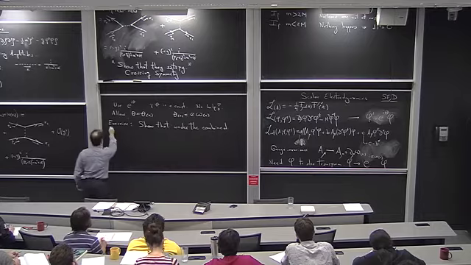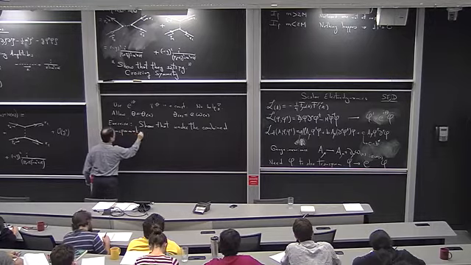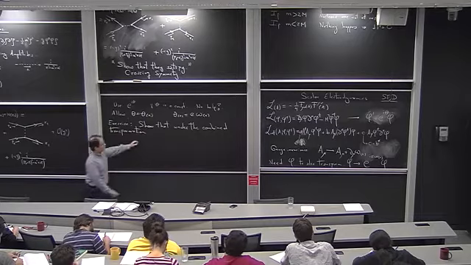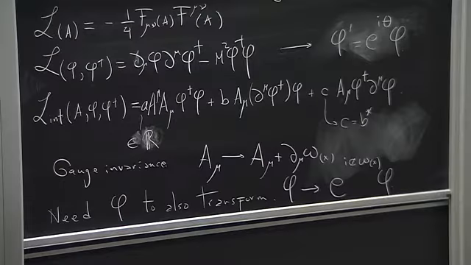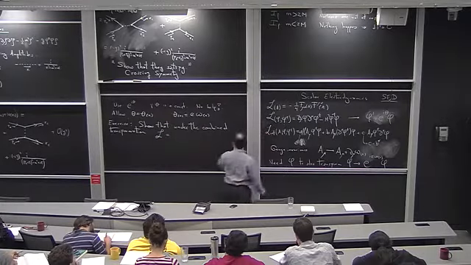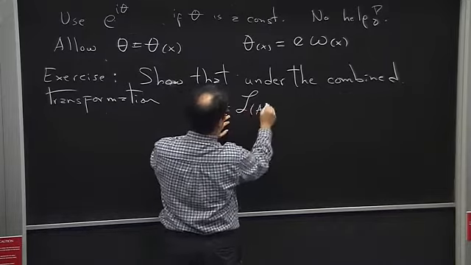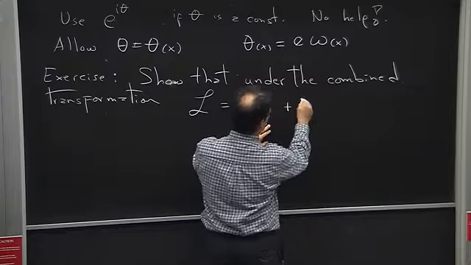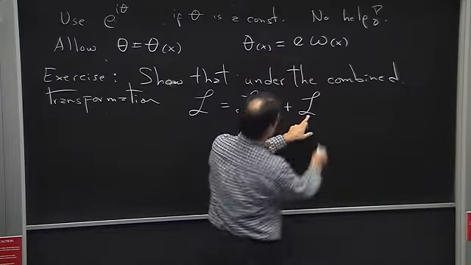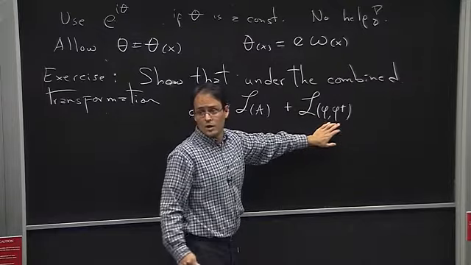Then the combined transformation, the total Lagrangian, well, the first one is obviously invariant, right? This piece is invariant because it doesn't contain anything else but A. So the piece L_A is invariant, no problem. Now this will not be invariant anymore, right? Why is it not invariant?